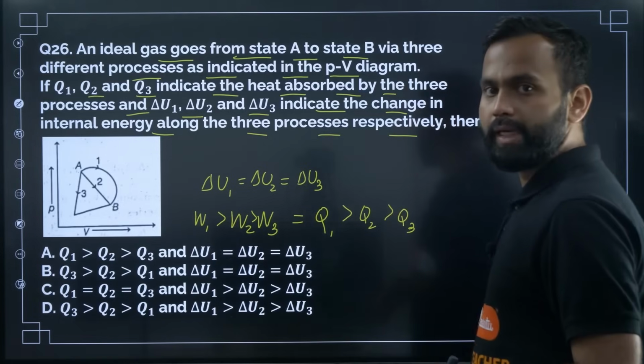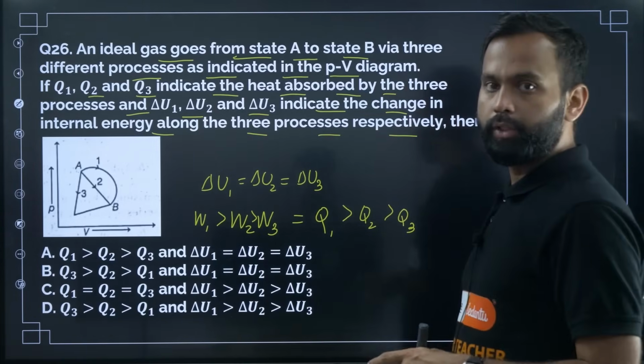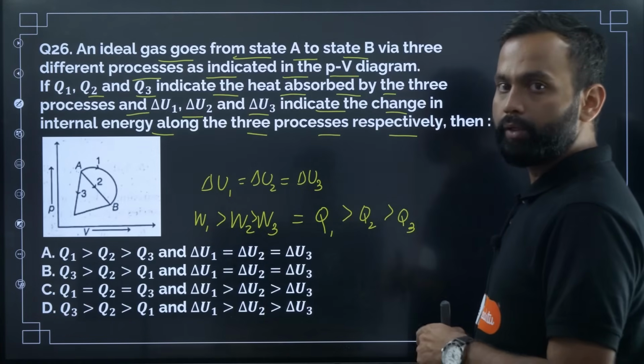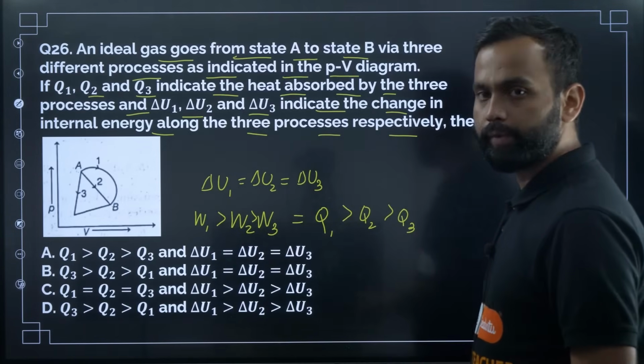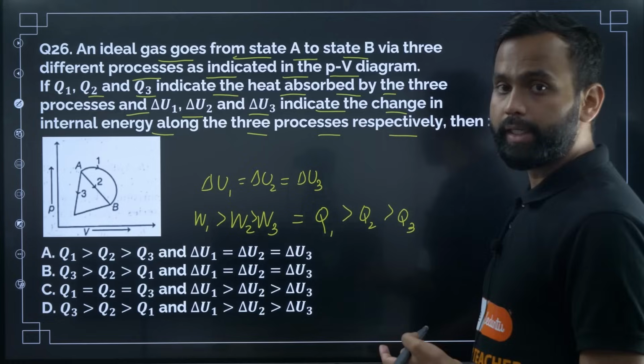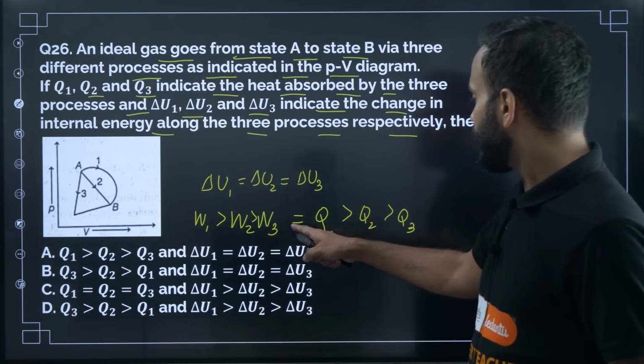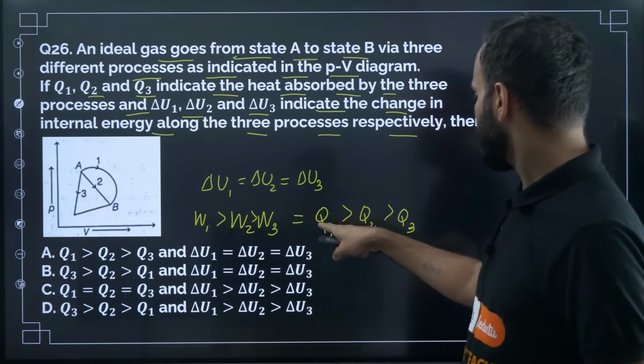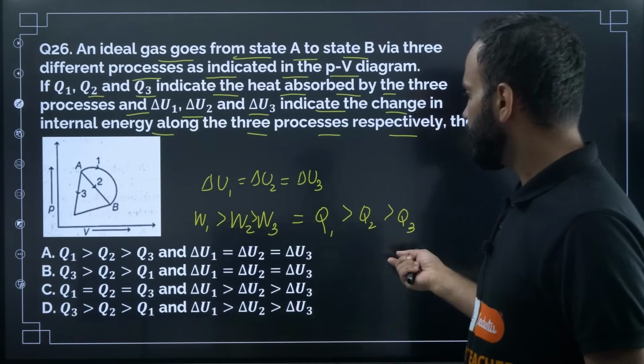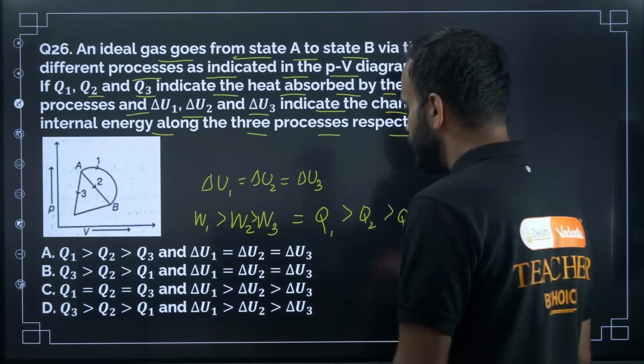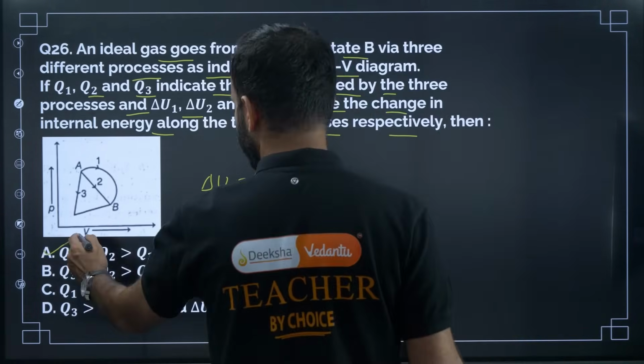We know that Q is equal to delta U plus delta W, so from that equation we can easily conclude that Q1 is greater than Q2 is greater than Q3. So the correct option is A.